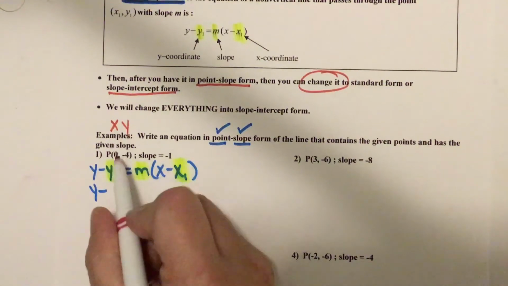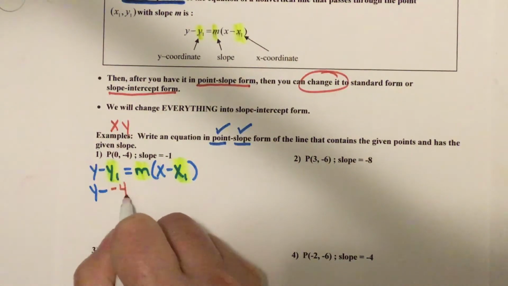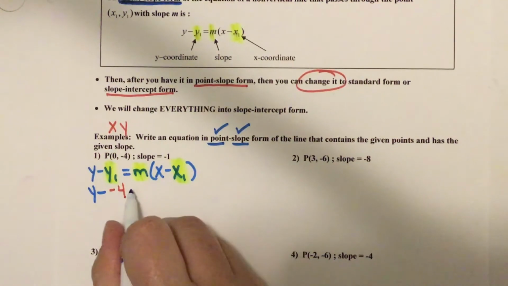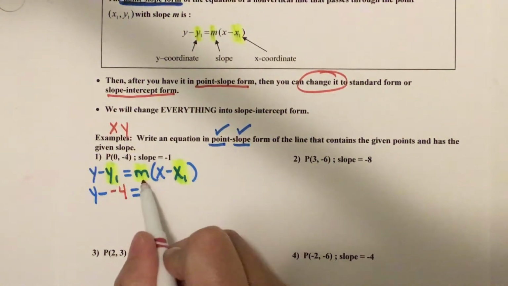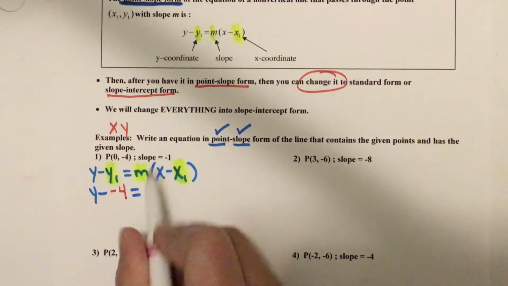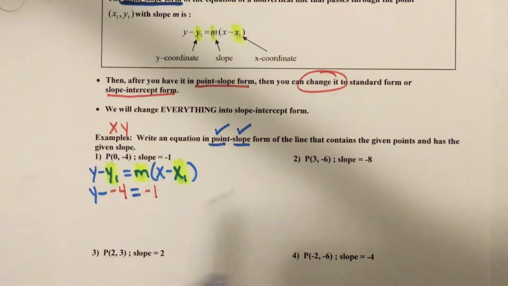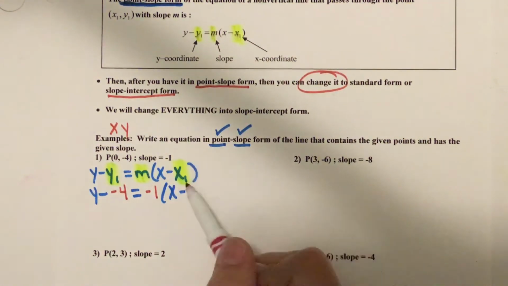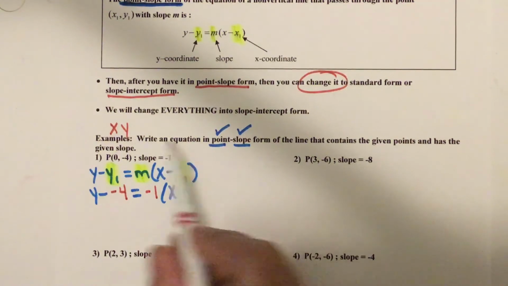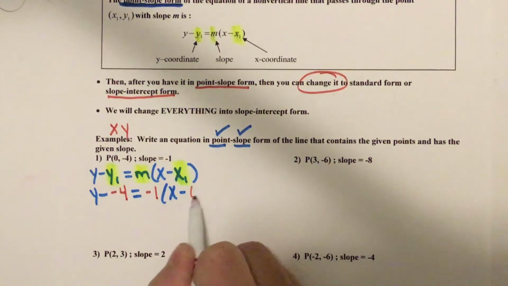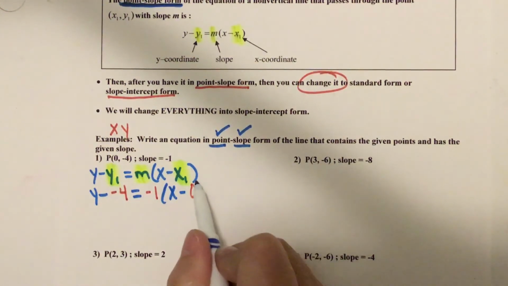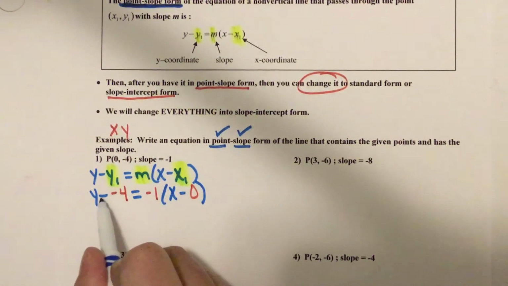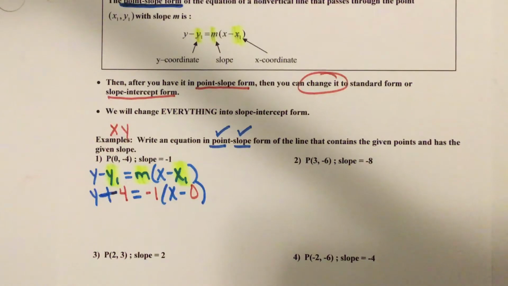So -4 is the y coordinate, so I write -4, and then equals, and then it wants the slope, and they said the slope was -1, and then I write parentheses x minus, and then this wants the x coordinate of the point, so the x coordinate is 0. And then if you ever have a minus and negative back to back, that becomes a big old plus. So that right there is point slope form.